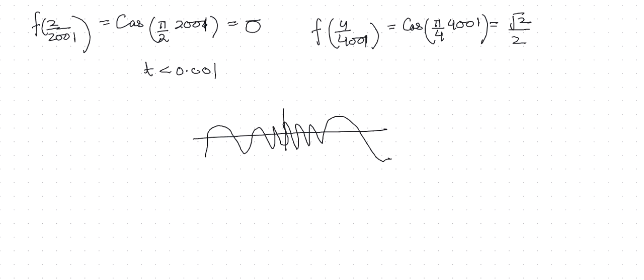As t moves towards 0, the function starts oscillating, more frequently as we move closer and closer to t equals 0.